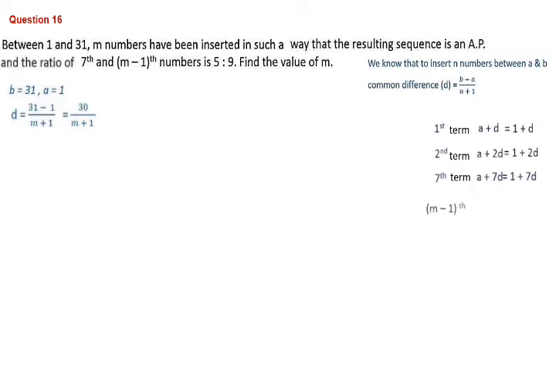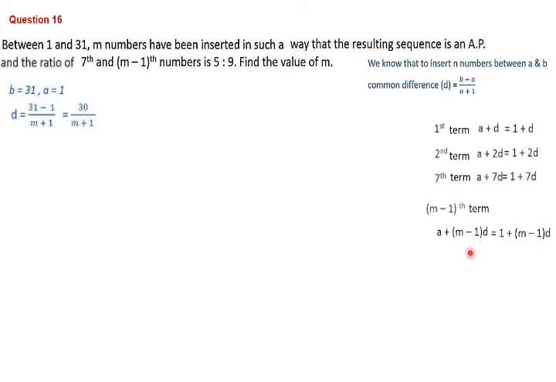Okay, then next is the m minus 1th term. For the second term 2d is coming, for the 7th term 7d is coming, so for the m minus 1th term surely m minus 1 into d will be coming. A plus m minus 1 into d, with a as 1, is 1 plus m minus 1 into d.